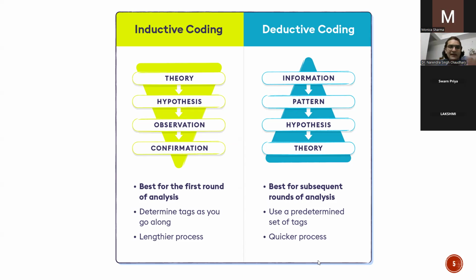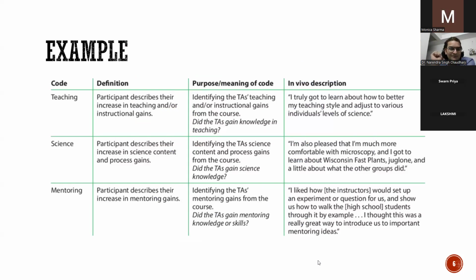Now moving ahead, this is an example of coding, for example, teaching, science and mentoring. Now this is a code which I'm giving you. This is a simple thing. Participants describe their increase in teaching and or instructional gains. That's their definition of teaching. The purpose and meaning of the code is identifying the TAs' teaching or instructional gains from the course.